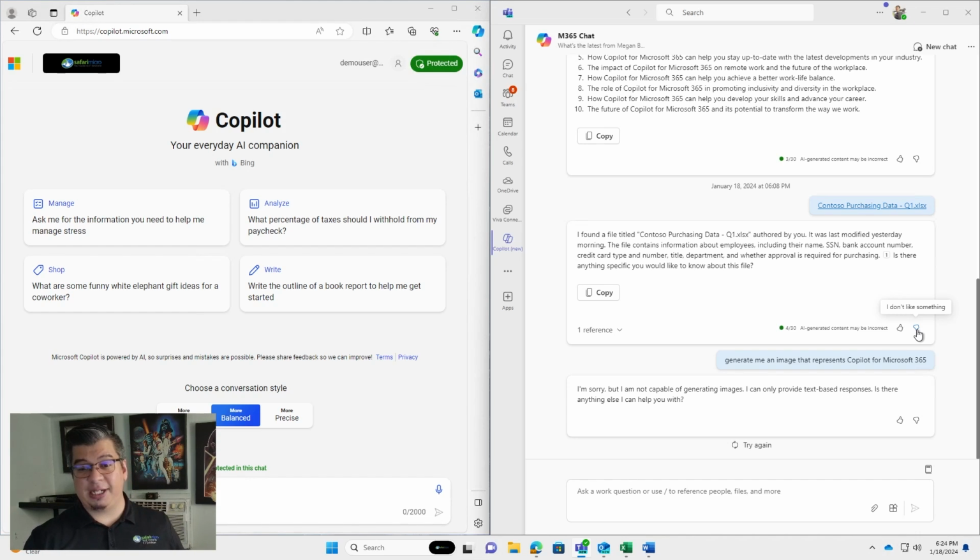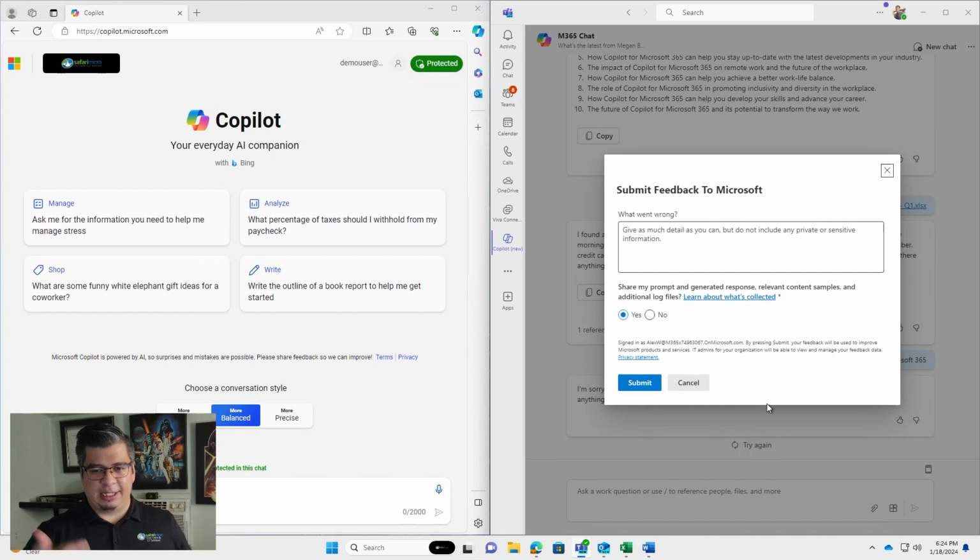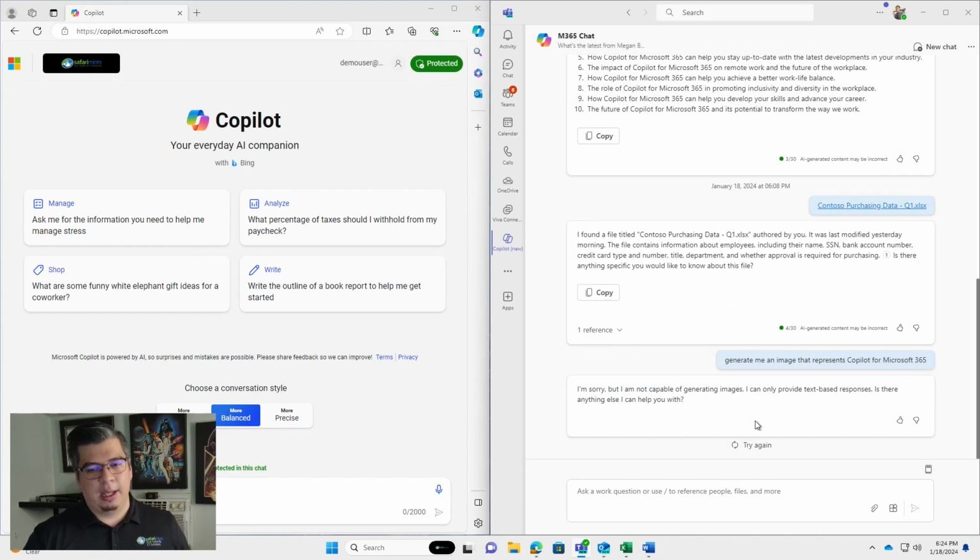Either the information's incorrect, or it was not formatted in the right way. Whatever that feedback is, when you hit that button, it's going to pop up with a window. In fact, if I hit it right here, submit feedback to Microsoft, you're going to be able to tell it what went wrong with that in particular.